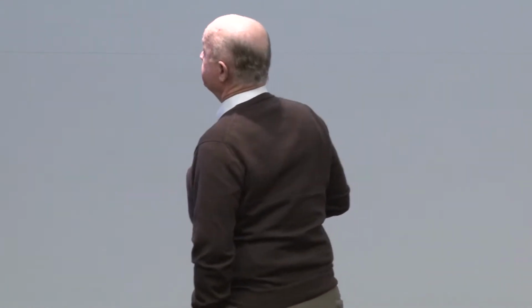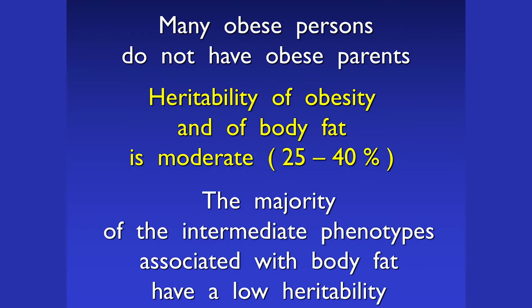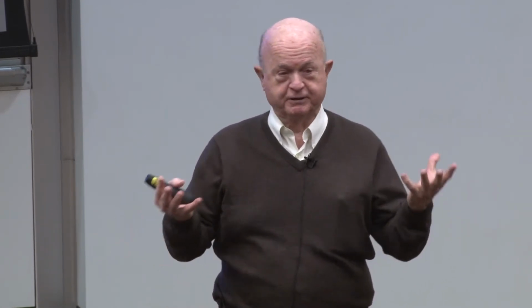So many obese people do not have obese parents. It's about 25% to 40%. But for the majority of the phenotypes, it's very low. There are probably, at the last count, over 50 genes that have been associated with obesity. All right? But the pharmaceutical companies would love to be able to get a gene, something that would modify that gene.